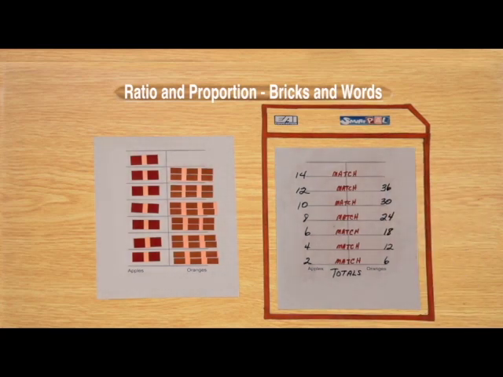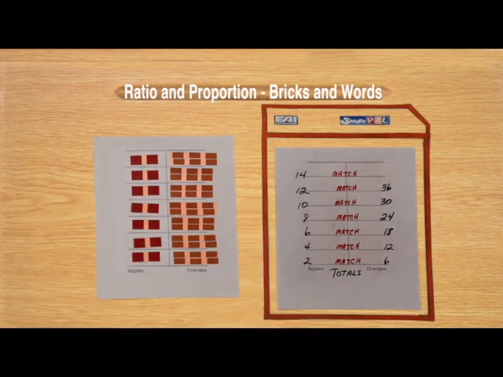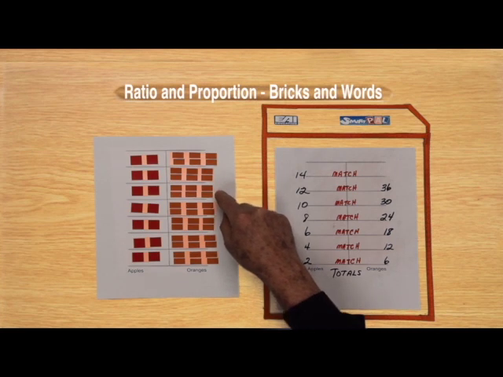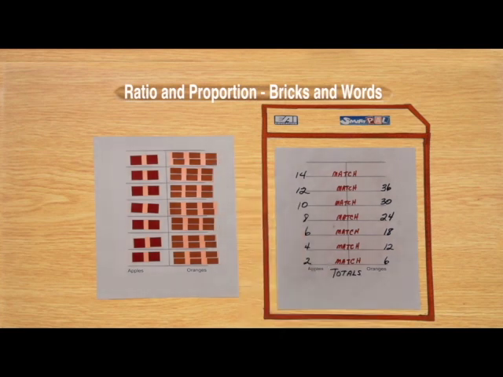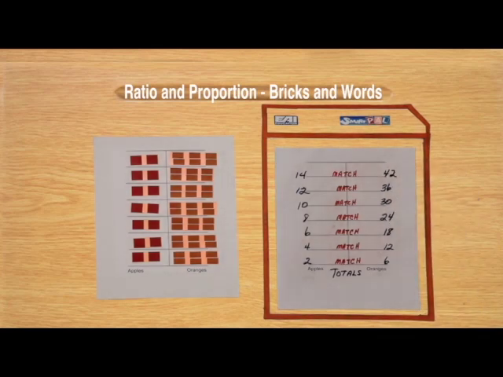And finally, I add in another set of 6 oranges to match my last set of 2 apples. Now I have all 14 apples as a total. And the question is, how many oranges do I have as a total? 6, 12, 18, 24, 30, 36, 42. I have 42 oranges.